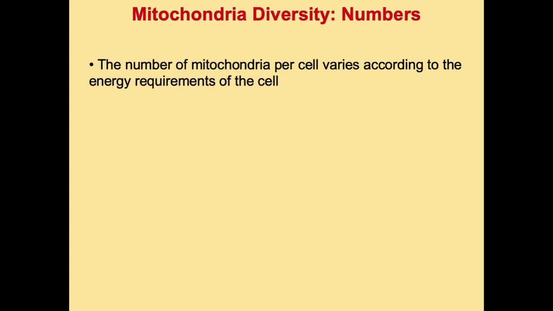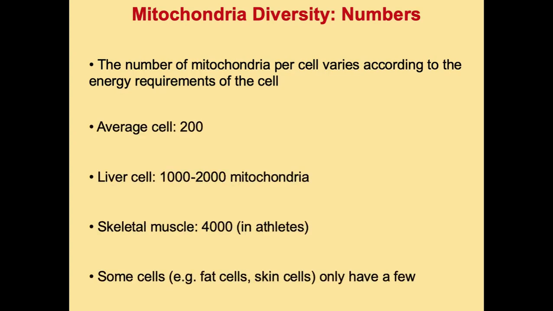The number of mitochondria that you can find in any given cell really depends on the energy requirements. So obviously, if cells require more energy, you will find more mitochondria. A typical cell will have around 200 mitochondria inside.